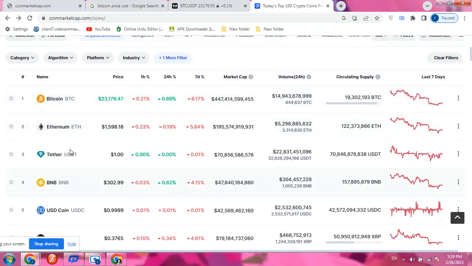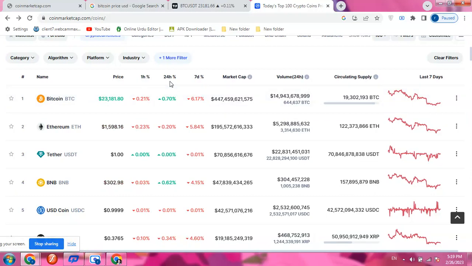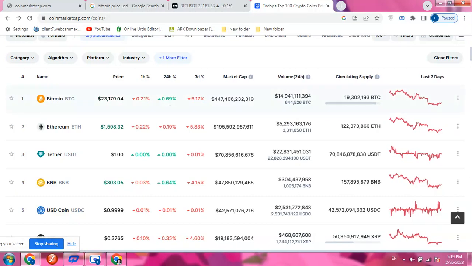And also check Bitcoin BTC. Price is 23,179.47. The 1 hour change is down 0.21%, and in 24 hours it increased 0.70 percent. In 7 days it is down 6.7117%. The market cap is here. We calculate the market cap.